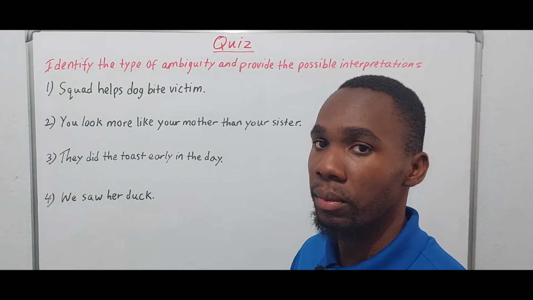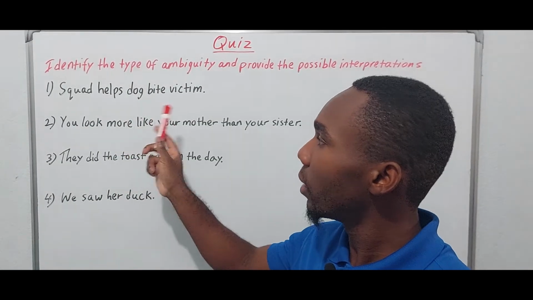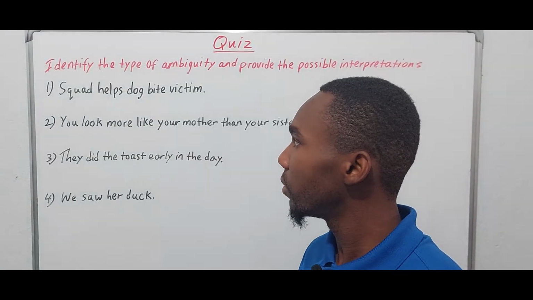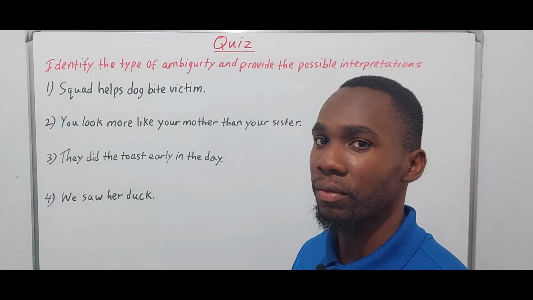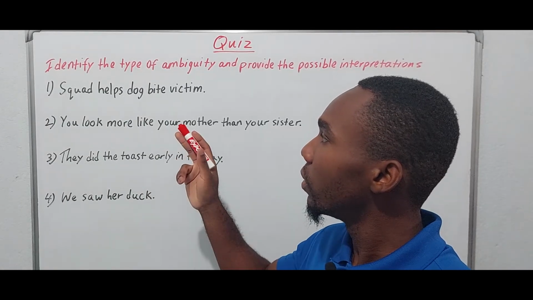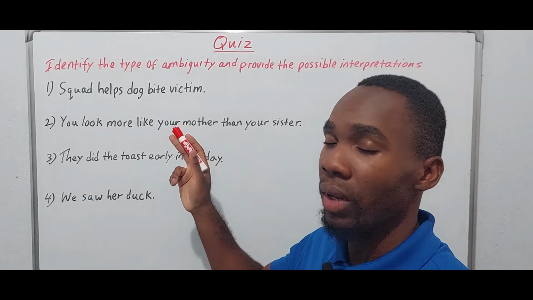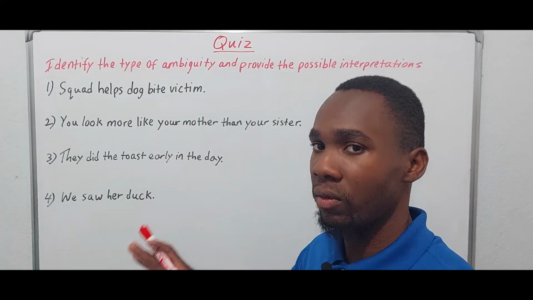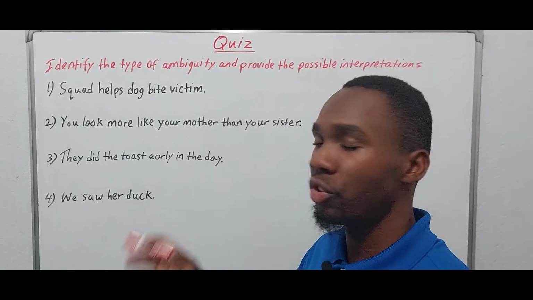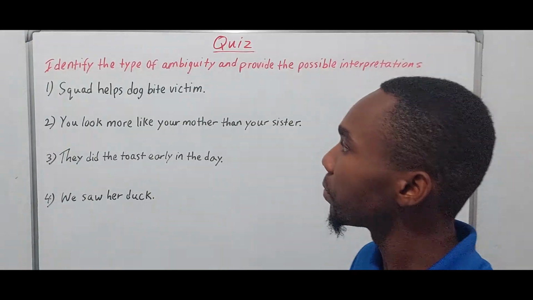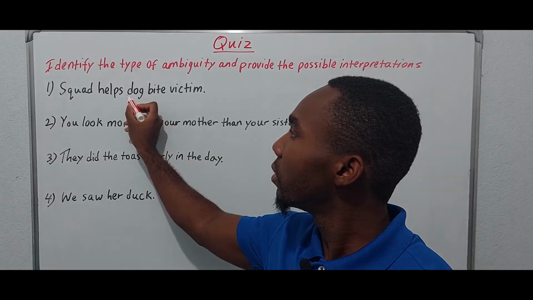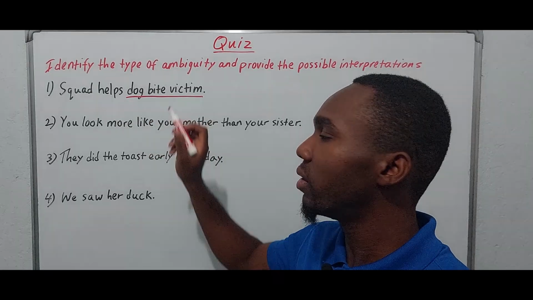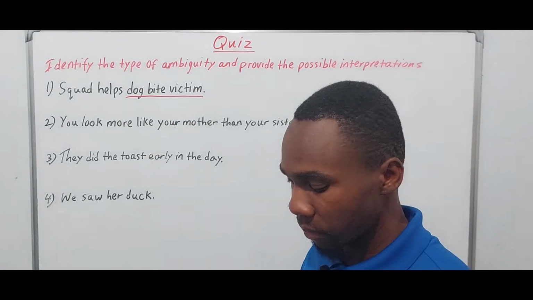So let us begin. Squad helps dog bite victim. Now, let's first identify the part of the sentence that produces the ambiguity. Squad helps dog bite victim. This is the source of the ambiguity.